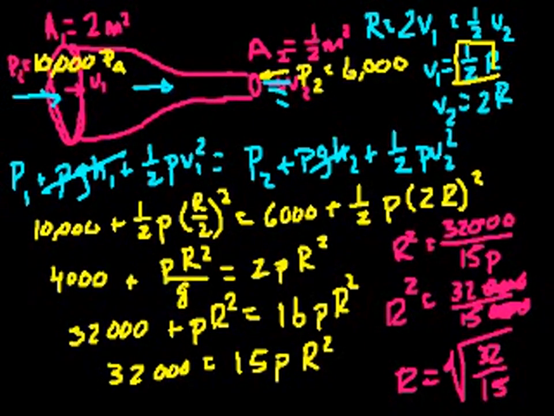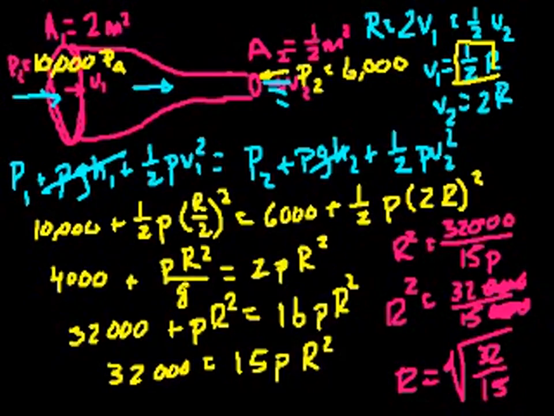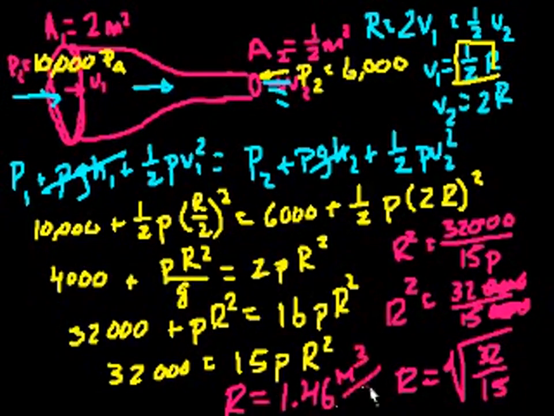Let me get my calculator. 32 divided by 15 is equal to 2.1, and then I take the square root of that, 1.46. So the answer is R is equal to 1.46 meters cubed per second.